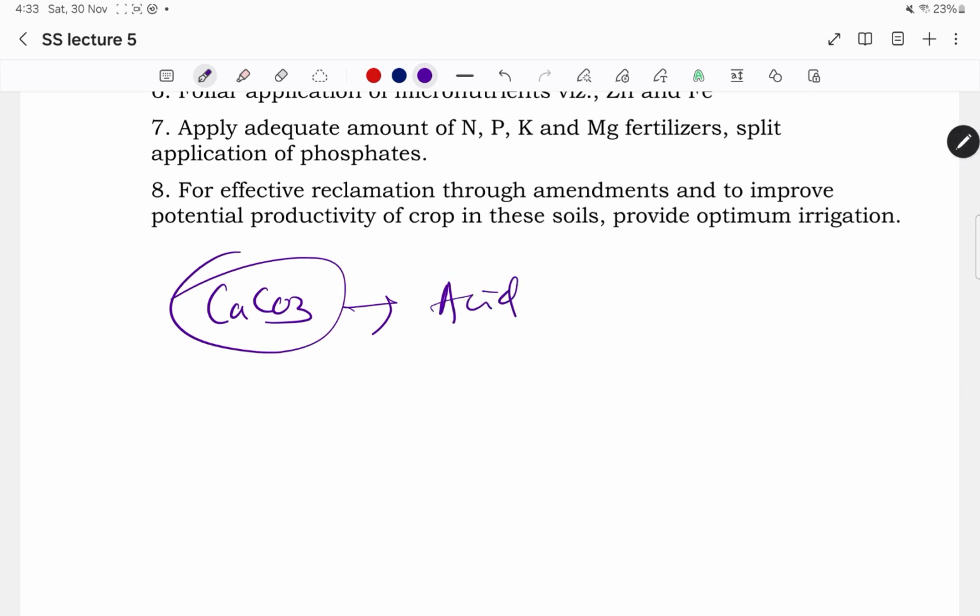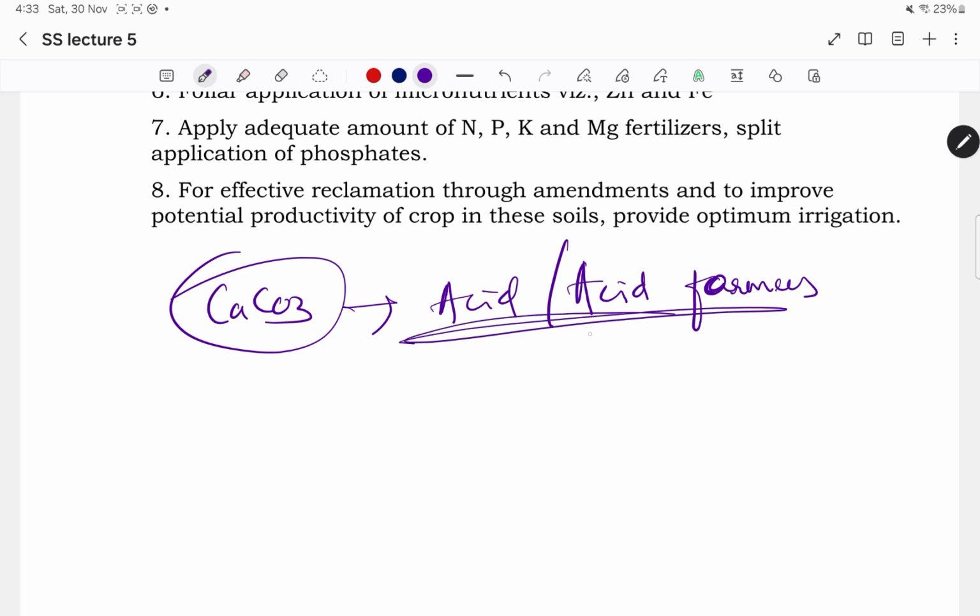With the help of acids or acid formers. With the help of acids like H2SO4, we can remove the CaCO3.